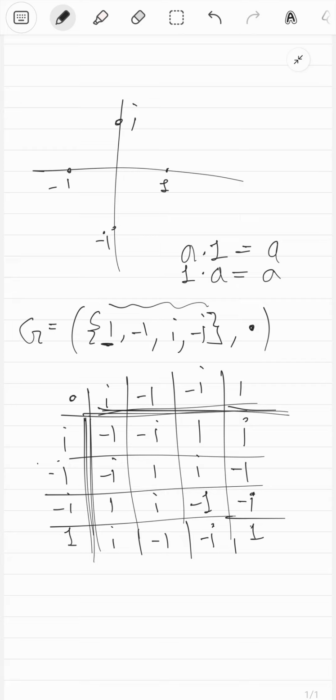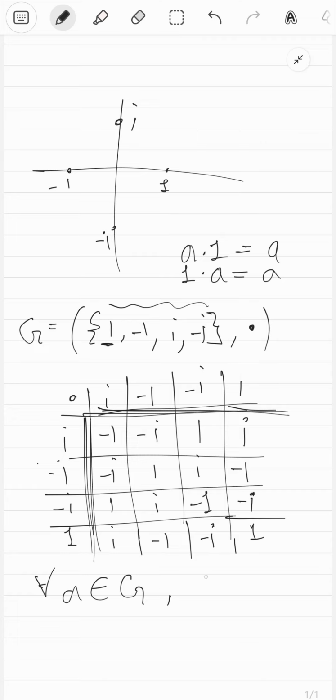Now also notice that every element has its inverse for this binary operation. So what I'm saying is that for every element A, which is a part of this set, which I'm just going to informally call G, although G is this ordered pair, I'm going to also think of the set itself as G. Slightly sloppy notation, but whatever.